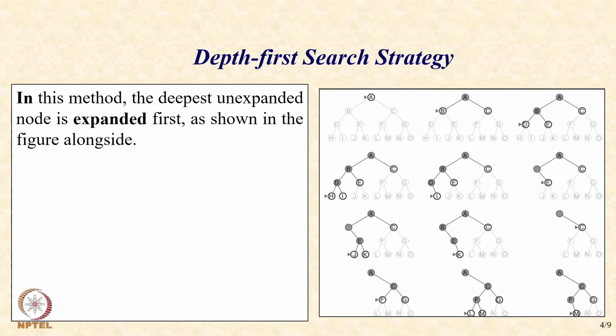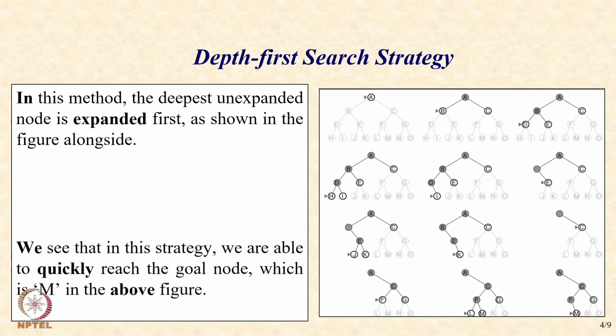Now, since we do not know anything about the problem and also the location of its solution, it is possible that either breadth first or depth first could provide a quicker solution, one of them or both of them, depending upon the scenario.